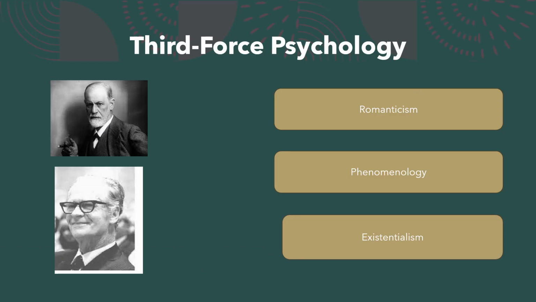So humanism was originally known as third force psychology, and it was referred to in this way because it rejected the two dominant forms of psychology present at that time in the 1950s.